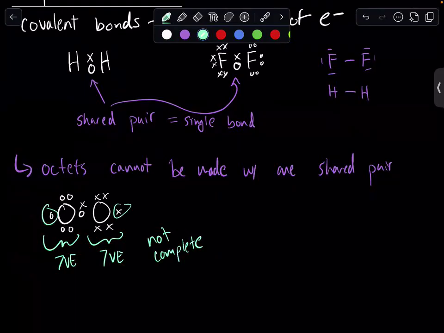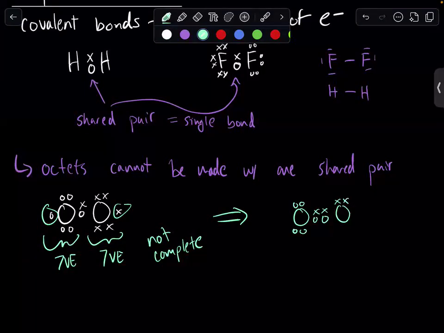We've got these two lone electrons. They're not in a non-bonding pair, but they could become a bonded pair. So what we do with this is we just join them together. And now both our oxygens have 8 valence electrons if we look at these as groups. So we got 8 here, and we got 8 here.